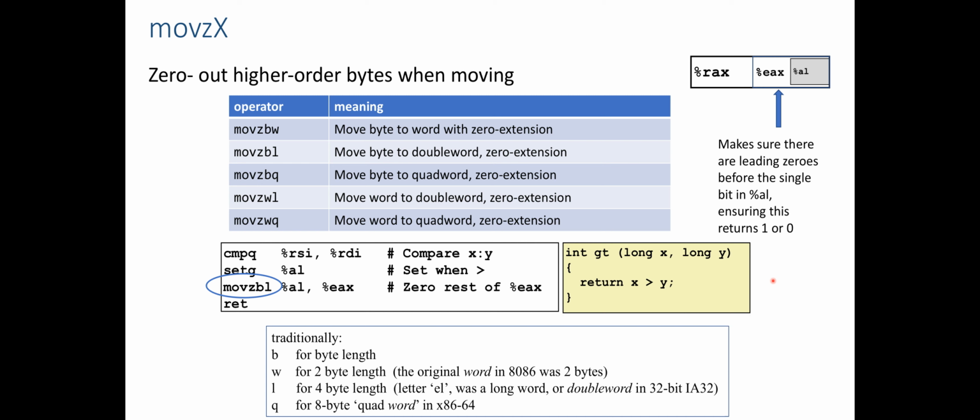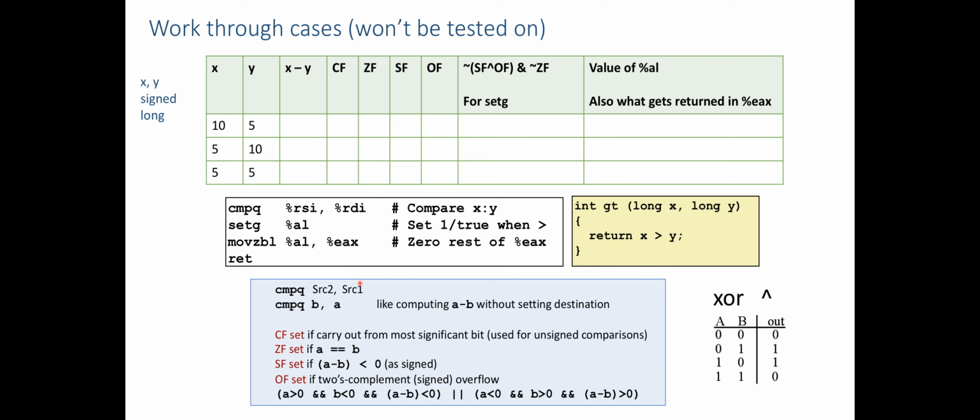Now, let's go back and really look carefully at how this set G is doing its job. Here we have the instructions again for this function. Now in this case, x and y are signed long values, the way this code was written.